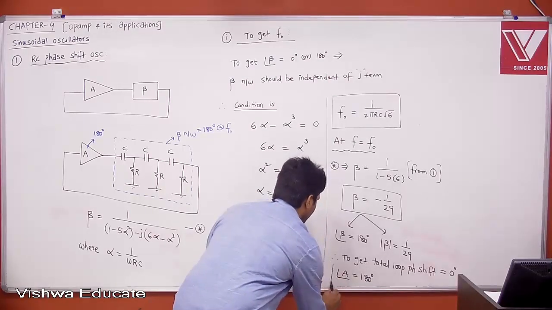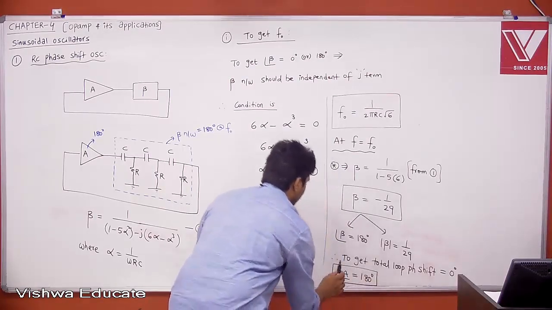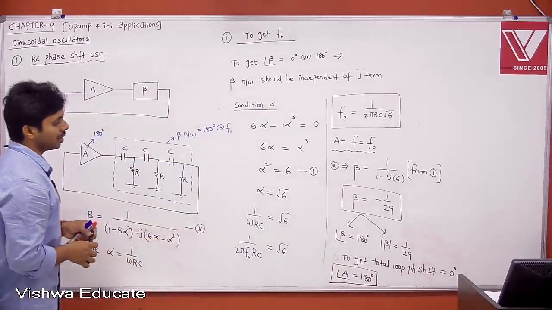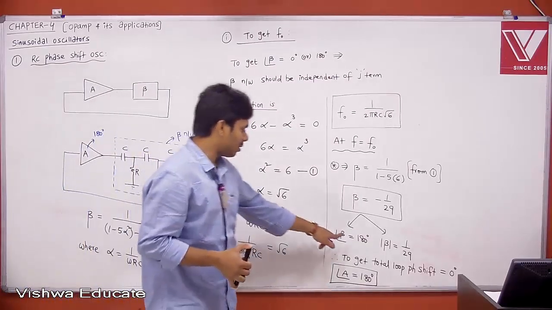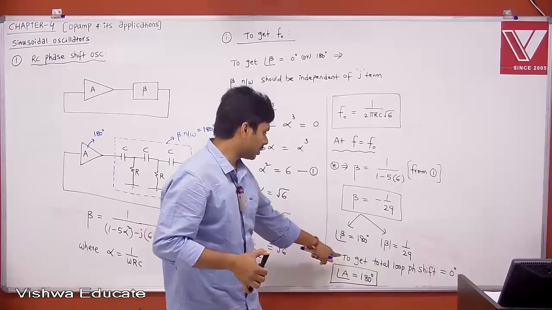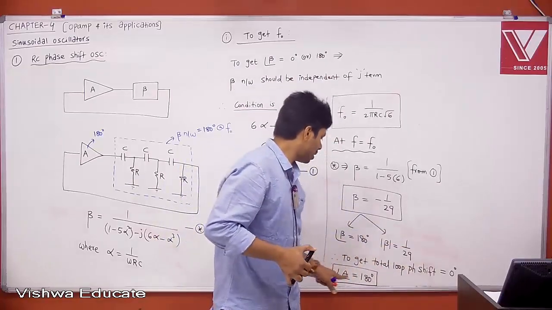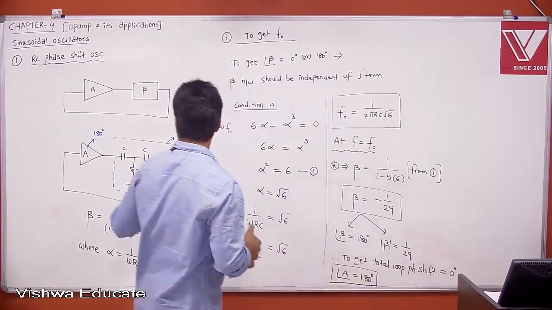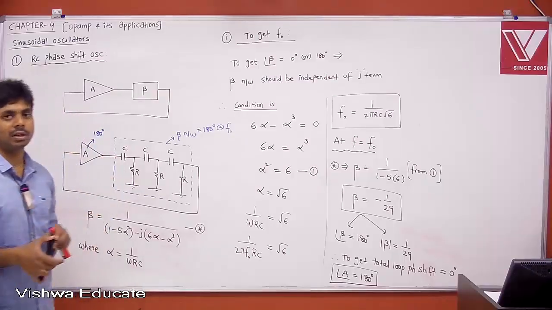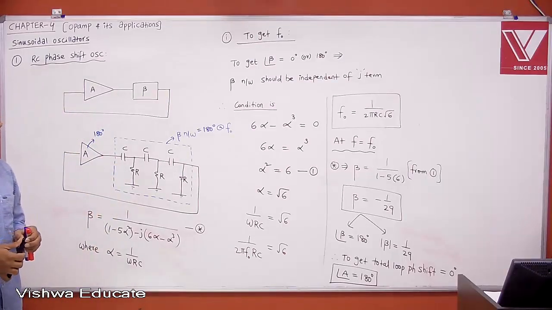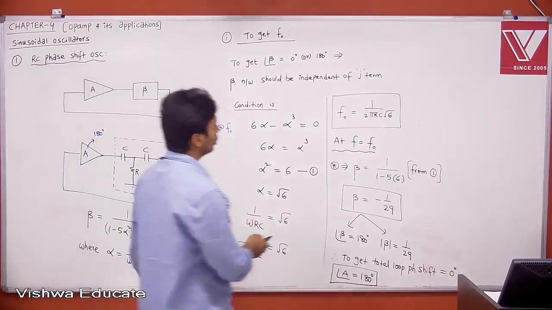This is also a requirement, in addition to the 180 degrees due to the beta network. Your beta network is giving 180 degrees, but to get total loop phase shift equal to 0 degrees, your angle of A should be 180. Therefore, it has to give 180, 180, 0 degrees. Point number 1 is satisfied.